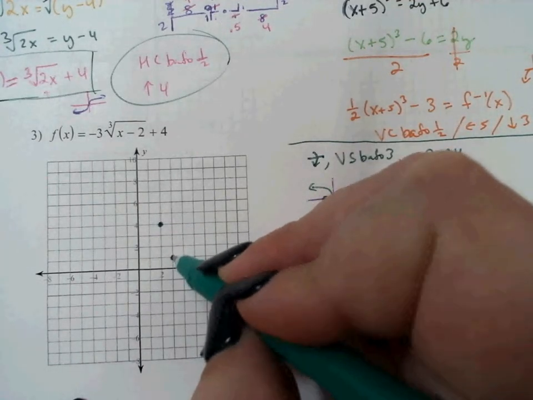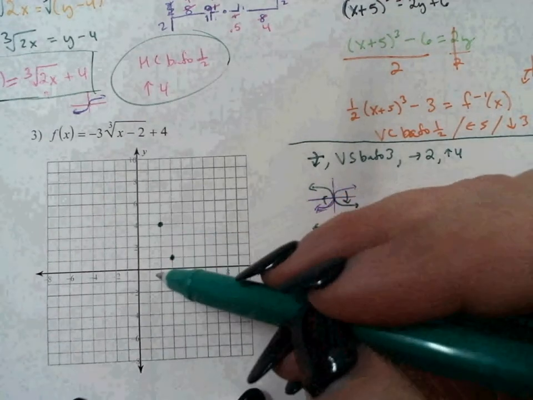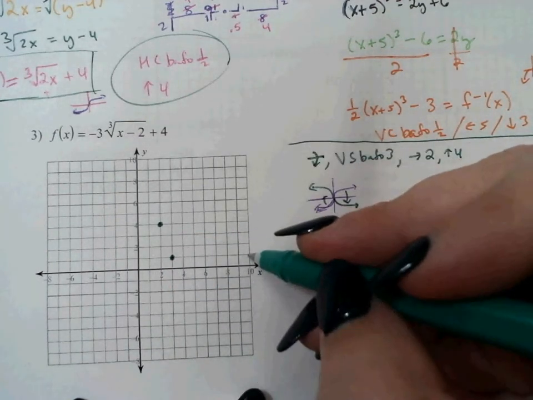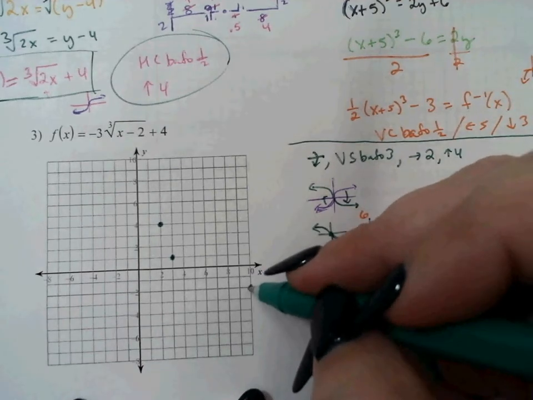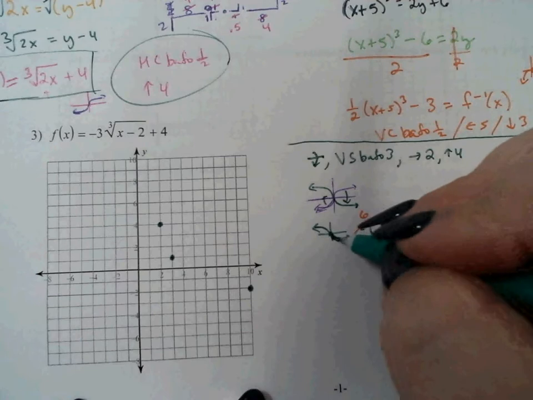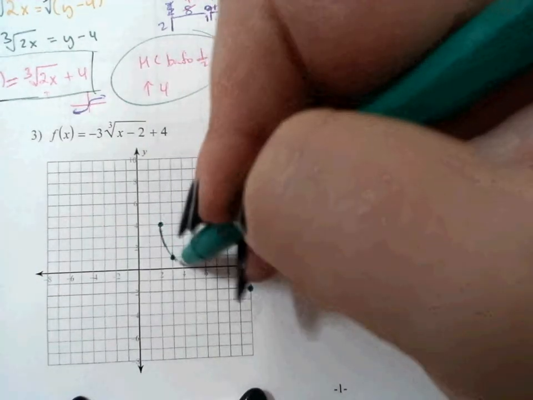1, 2, 3. I'm going to go to the right 8 and go down 6. Now, I'm at 2, so plus 8 is 10, so I can just jump over here and go down 6 from 4, that's at negative 2. Okay, so keeping in mind, we just drew this portion of our cube root, so it should look like this.